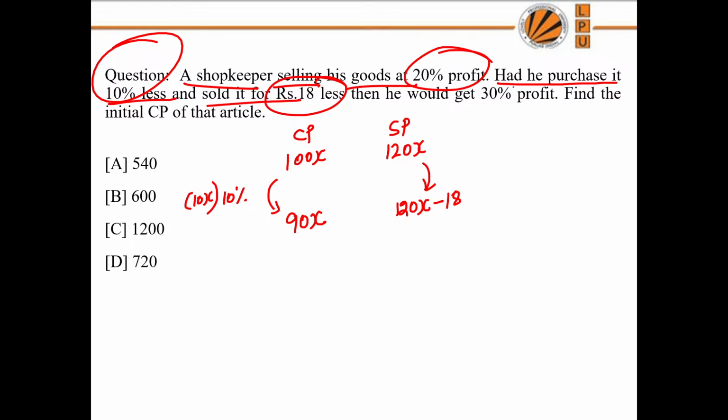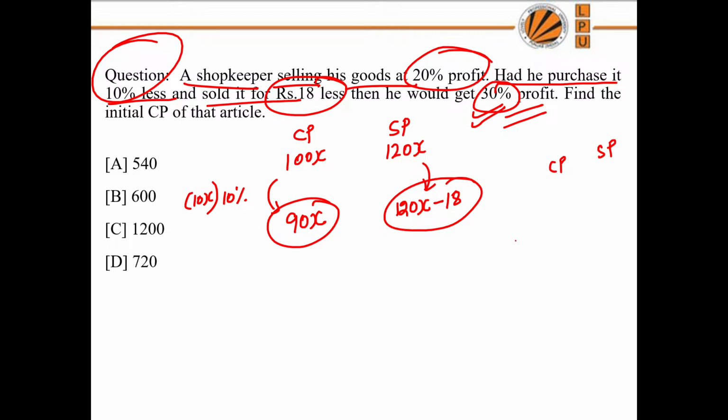Then he is getting 30% profit. See here, when CP is 90x and SP is this much, he is getting 30% profit. So you have CP, you have SP. How do you go from CP to SP? CP multiplied by 100 plus or minus profit or loss divided by 100 gives you SP.